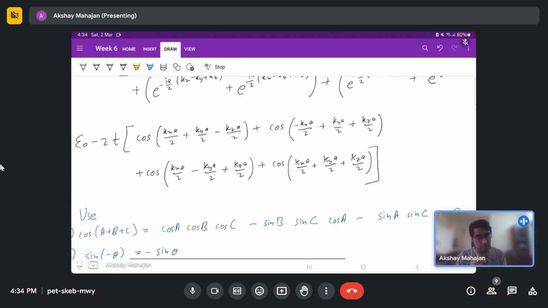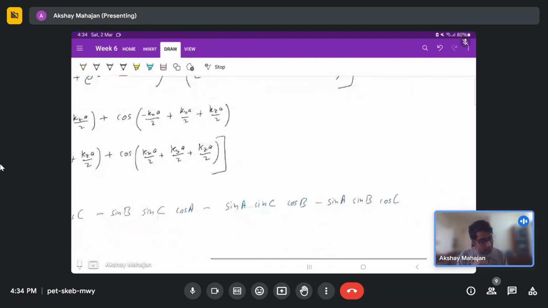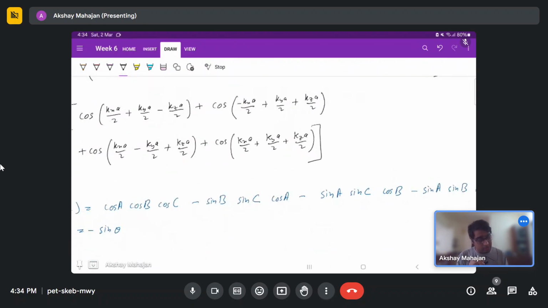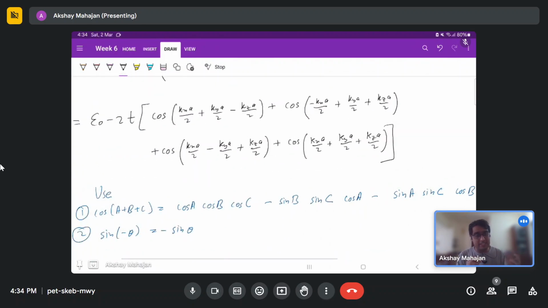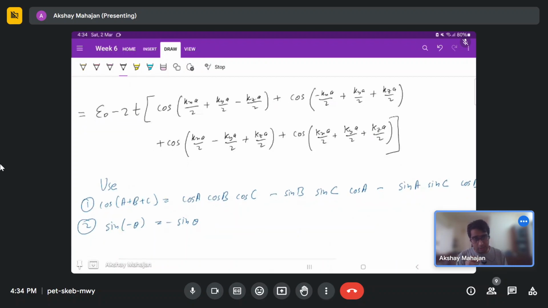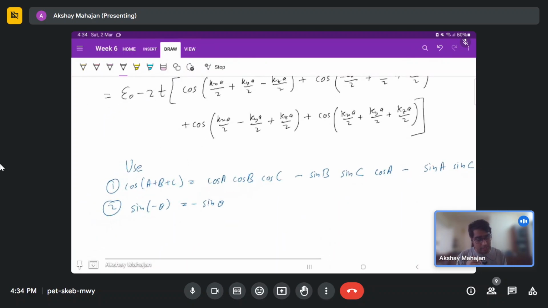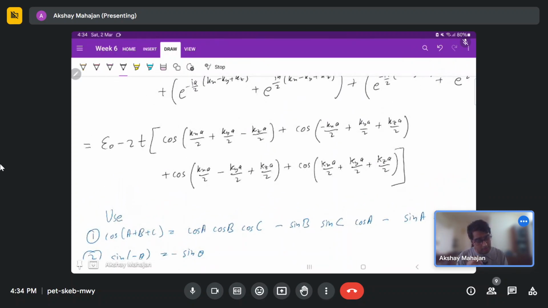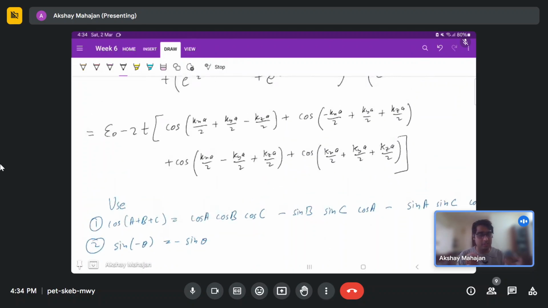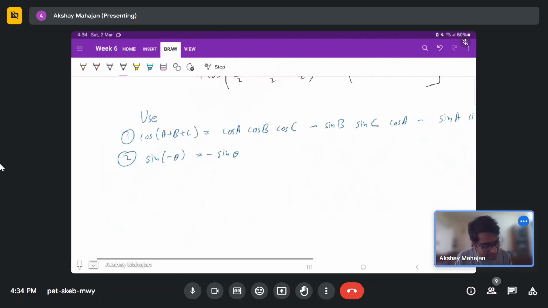Each of these 4 terms will open into 4 terms, so you are going to have 16 terms, but most of those will cancel out because sin of minus theta is minus sin theta. Here you have some minus values, like minus kz a by 2, so sin of minus kz a by 2 will be minus sin kz a by 2. So you can check it. It's a little cumbersome, but you can try to do it.